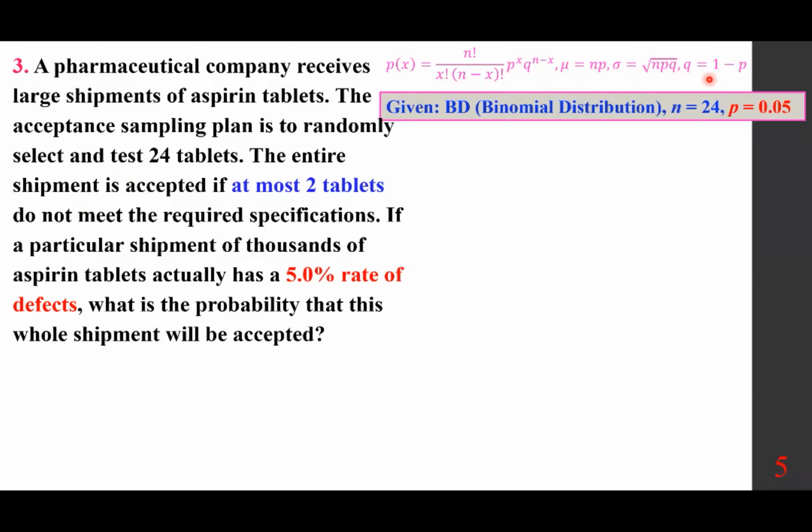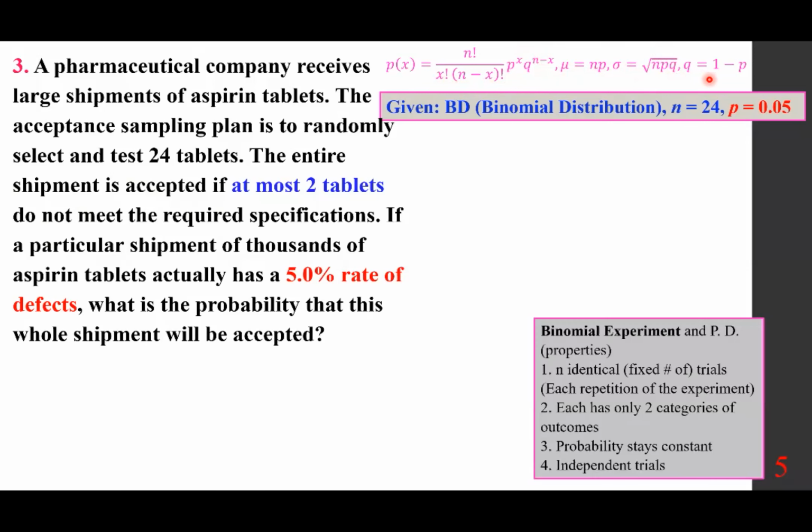So to move on with that, let me give you the synopsis of a binomial experiment, and BD stands for binomial distribution properties. Number 1, we have n identical or fixed number of trials. Each repetition of the experiment is called a trial.